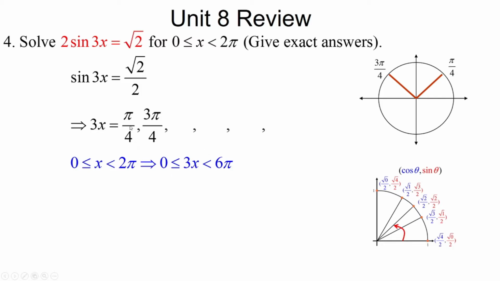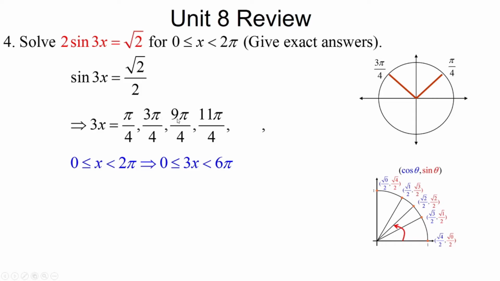So that's easy. Let's just take this pi over 4 and add 2 pi to it. And common denominators, 2 pi would be what? 8 pi over 4. So isn't pi over 4 plus 8 pi over 4 9 pi over 4? And then let's add 8 pi over 4 to 3 pi over 4 to get 11 pi over 4.